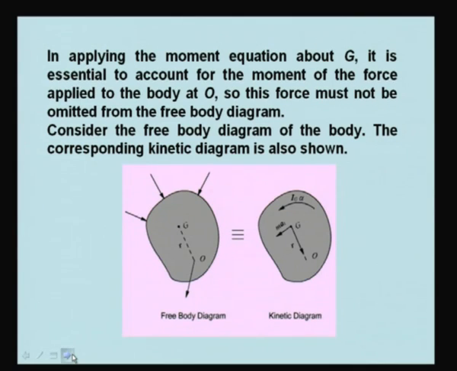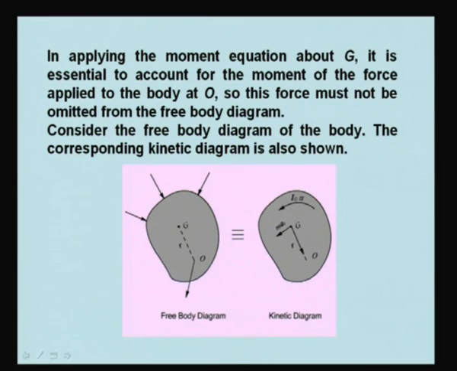That means even the internal forces which are applied at O. When you make a free body diagram, you have to understand that there are some internal forces at O. These are reaction forces and have to be taken into account. So this force must not be omitted from the free body diagram. Even if you omit some force which is passing through G, then maybe it is all right, because when you take the moment about G, that force effect vanishes. But in general you should show all the forces.